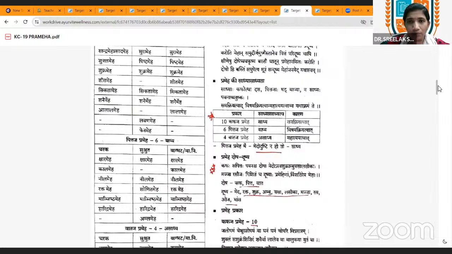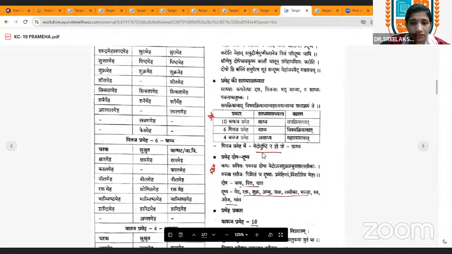Okay, that is an important point. In Vasti mukha, the sthana samshraya of Prameha takes place. Okay, then in Pittaja Prameha, if Medo Dushti has not taken place, then it is Sadhya. Mainly, Pittaja Prameha is Yapya, but when the Meda has not undergone vitiation, then it is Sadhya. So, that is a one-star important part.